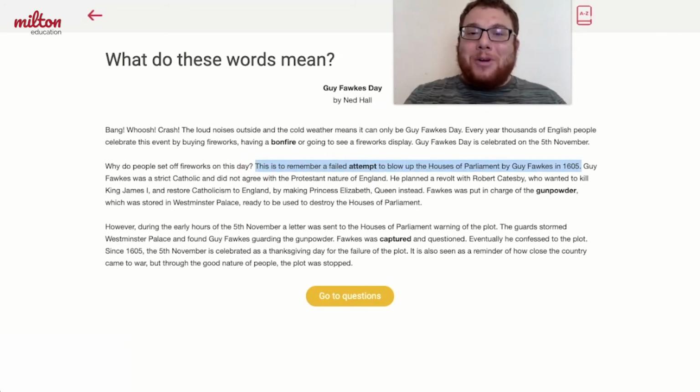This is to remember a failed attempt to blow up the Houses of Parliament by Guy Fawkes in 1605. If we have read the text, this is easier. After we have read it, we'll know that Guy Fawkes did something to destroy the Houses of Parliament. So perhaps we can determine that if it failed, perhaps attempt means that he tried to do something.